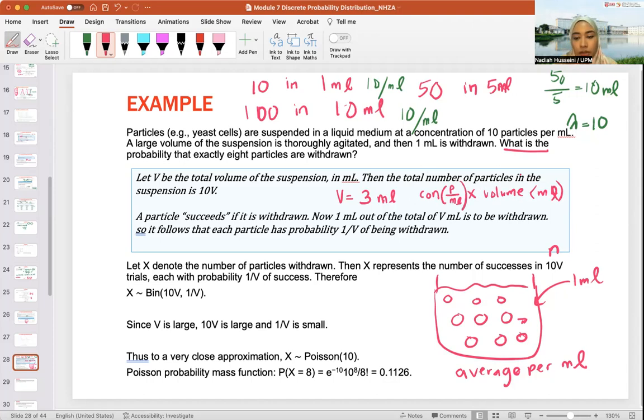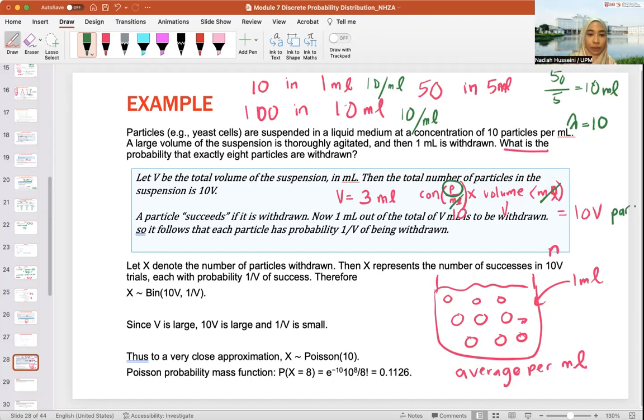Okay, so the total number of particles in the suspension is 10V. So it's saying that the concentration times volume, this is V. Our concentration is 10. This would give me 10V, right? What does 10V represent? 10V represents the number of particles. If you cross this out, the mil crosses out with mil, I would get 10V particles.